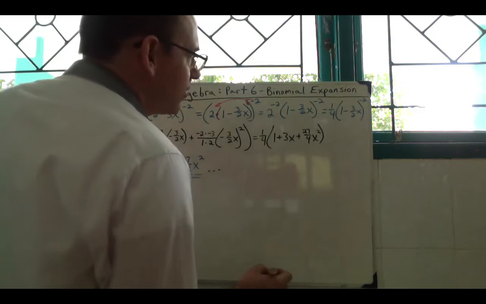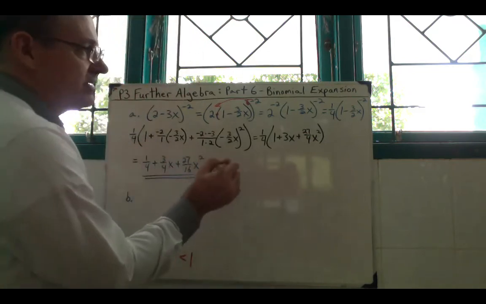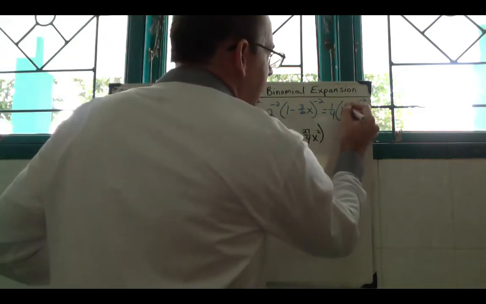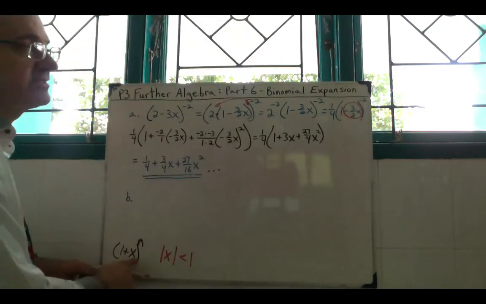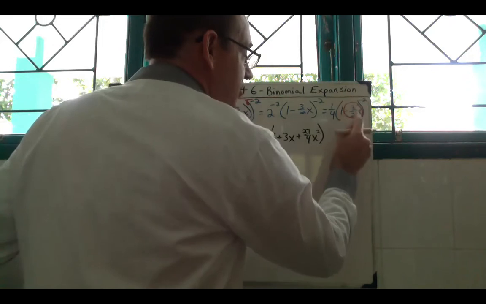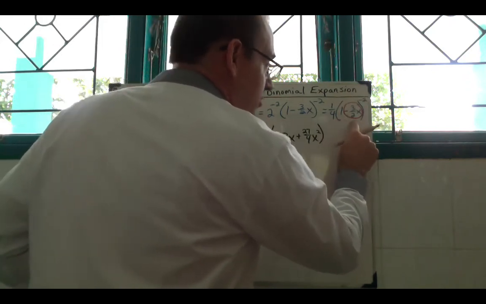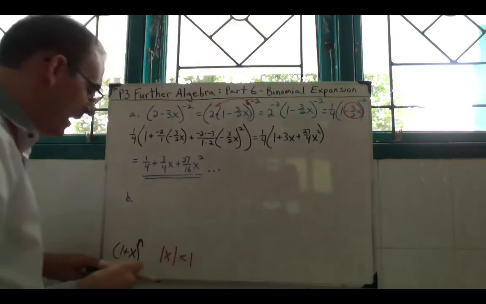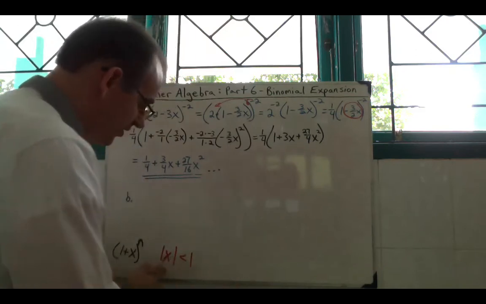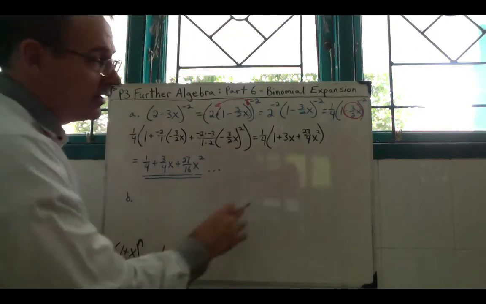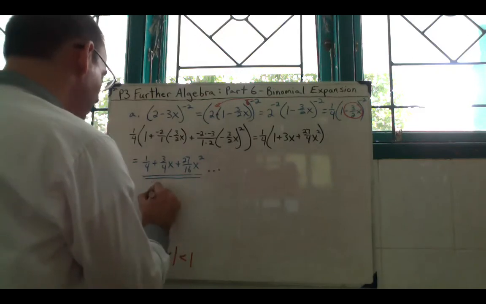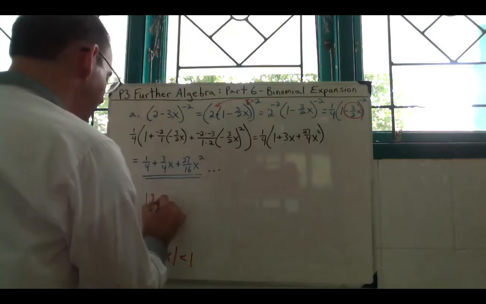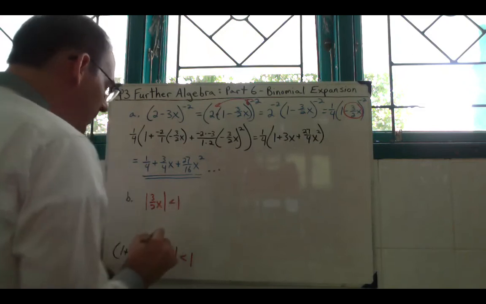So what we want to look for is right before we expand it, we want to find that x term. This is a 1 plus x. So what is that x term? 1 followed by what? And we have a negative 3/2 x. Now, since this is absolute value, we don't need the negative. So basically, we have 3/2 x less than 1.